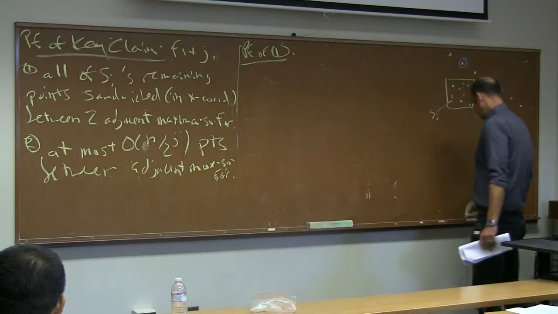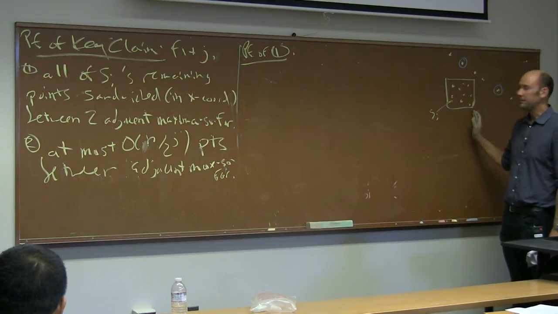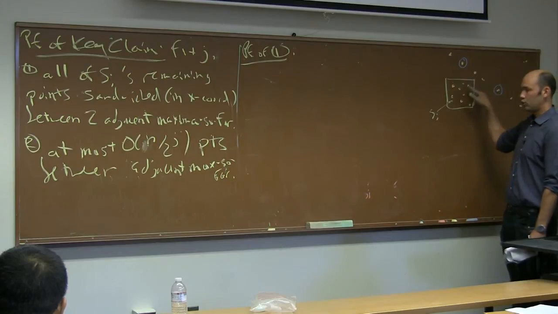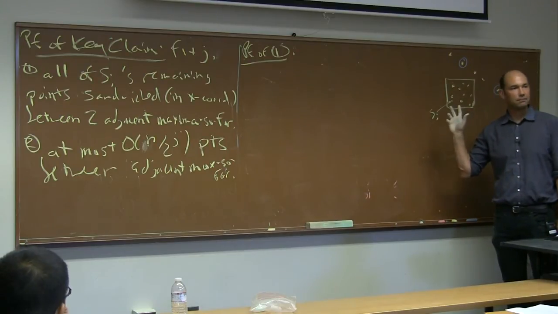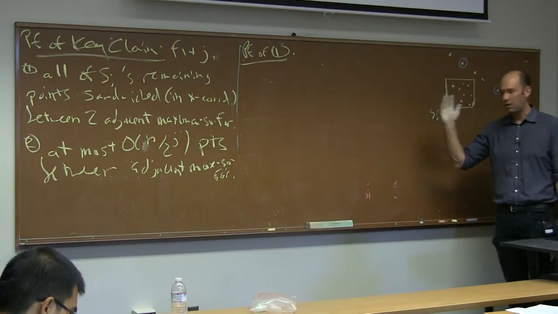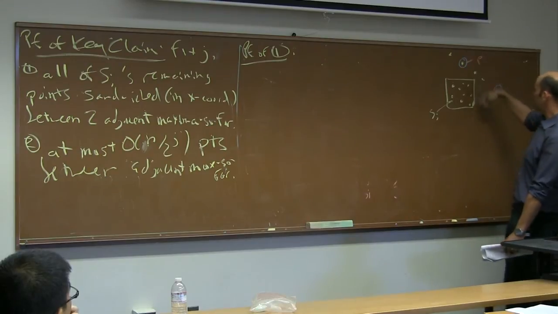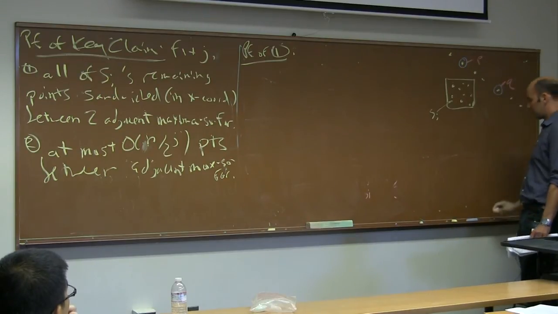Take your box, take the right-hand side boundary, and look at the 2 maxima so far that bracket it. You can take one or both to be plus or minus infinity if there aren't any to the left or to the right. In this picture, remember we look at the right-hand side, so these are going to be our P and Q.